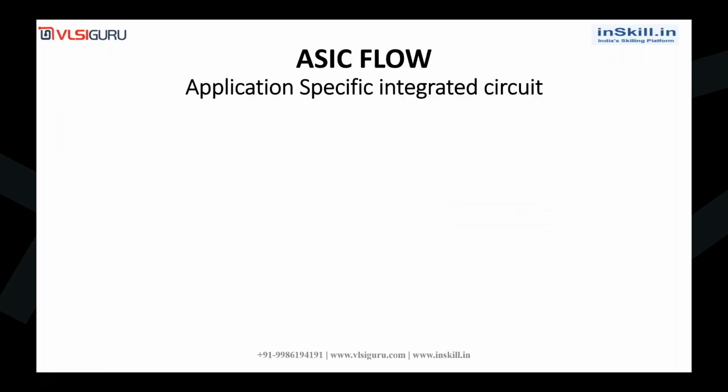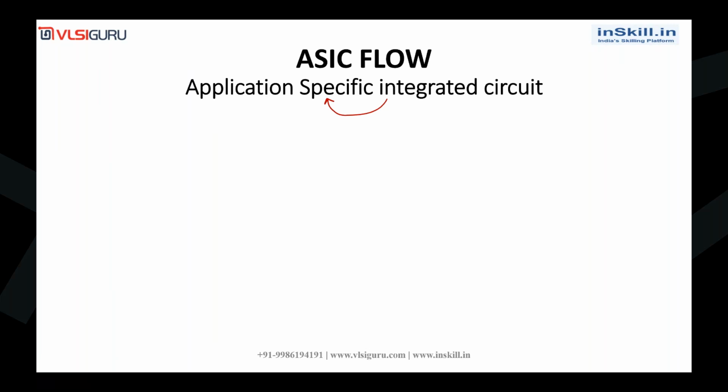And next we'll try to understand what is ASIC. ASIC stands for Application Specific Integrated Circuit, which means the integrated circuit which we are designing will be specific to a particular application.